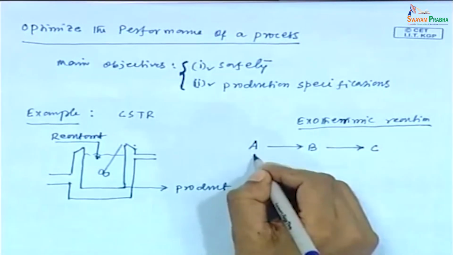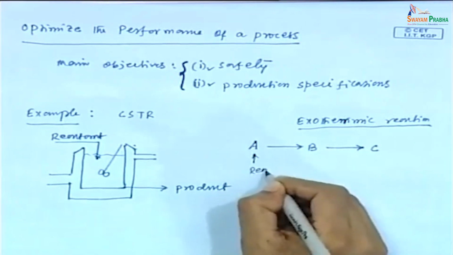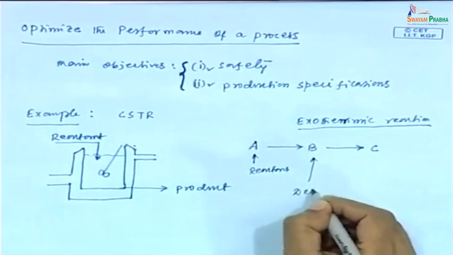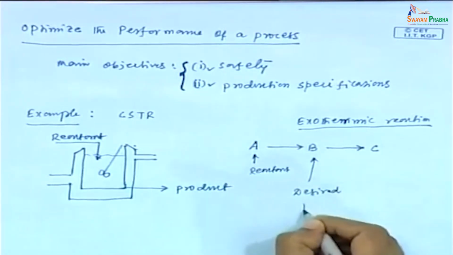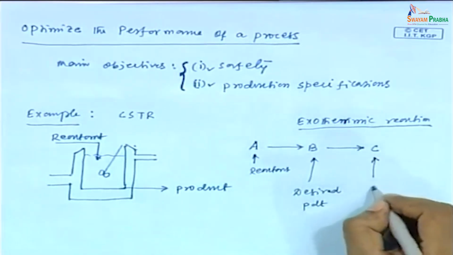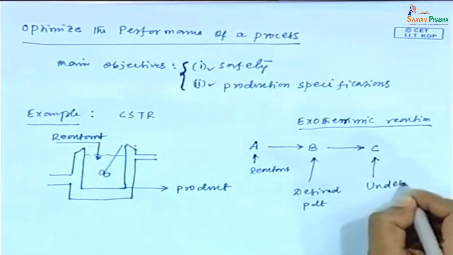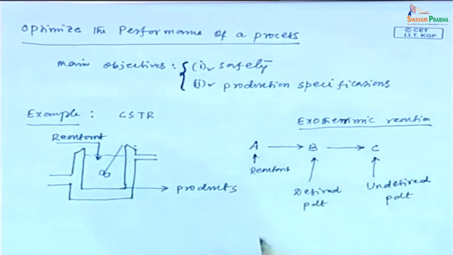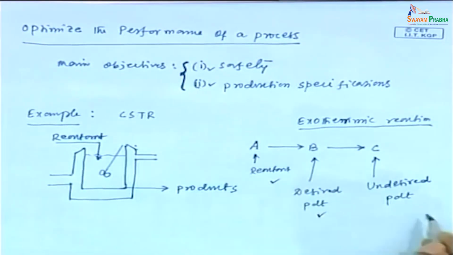A is the reactant, B is the desired product and C is the undesired product.